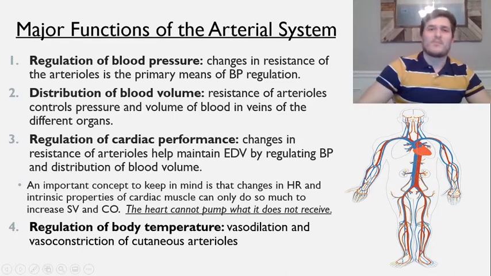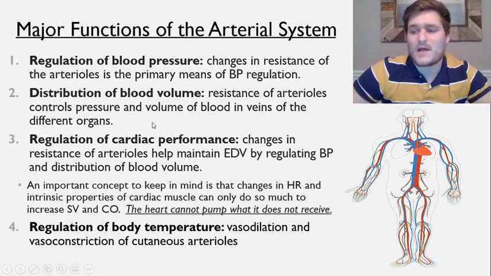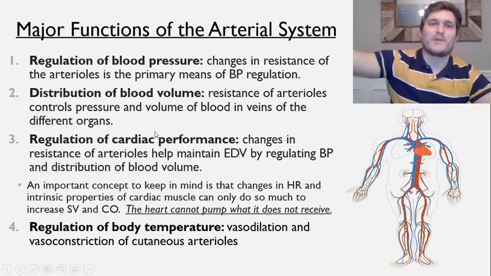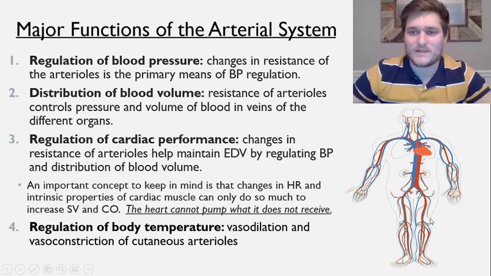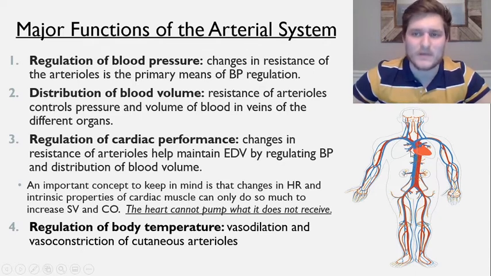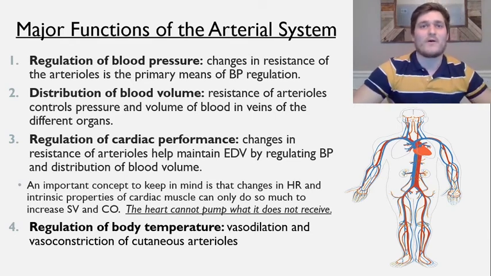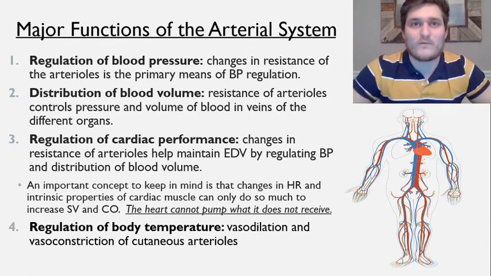But we also have to keep in mind, stemming off from the last point, that the size of those arterioles is going to dictate how much blood passes through. If there's not a lot of blood flow going from the arterial side to the capillaries to the venous side, then less of that venous blood is going to return back to the heart. We already talked about the consequences that is going to have on preload and diastolic volume, and therefore stroke volume and cardiac output.